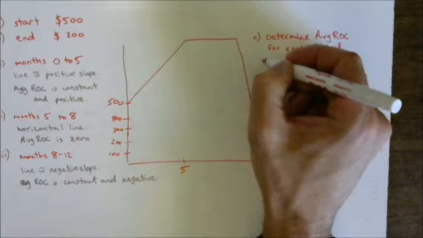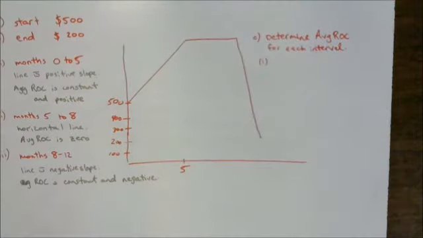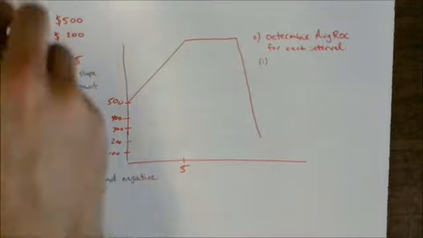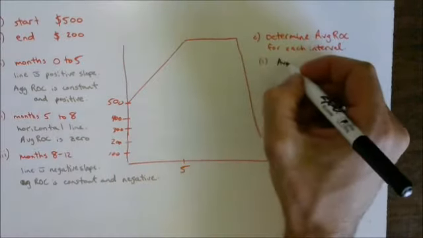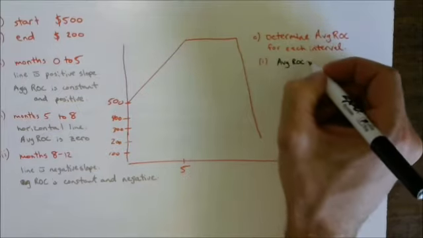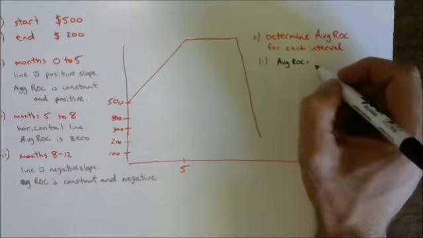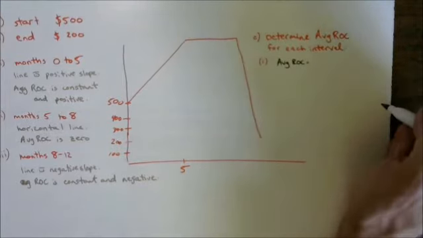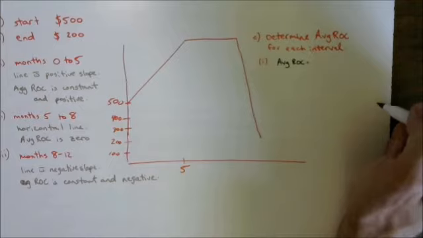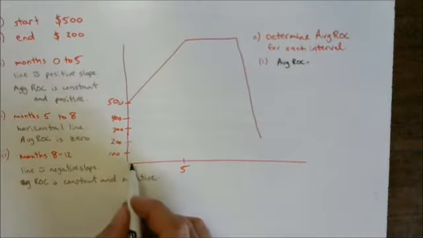So again, the first interval, months 0 to 5. In order to determine the average rate of change, I'll write it out for the first one. Average ROC equals, well, in this case, what are the two quantities that we are comparing that are changing with respect to each other? What's changing along the x-axis?